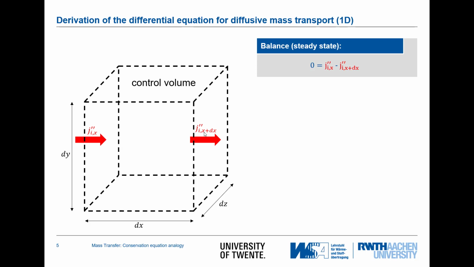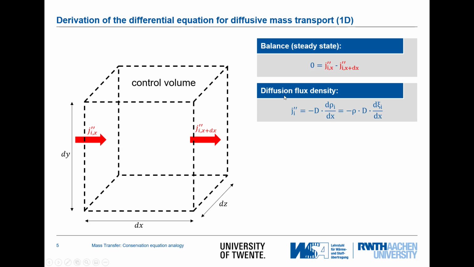Now if we look at the steady state case, there are only two flows involved, the inflow and the outflow. So we write on the left side 0 is equal then to, on the right side, inflows minus outflows. Now in the next step we have to define those two fluxes.